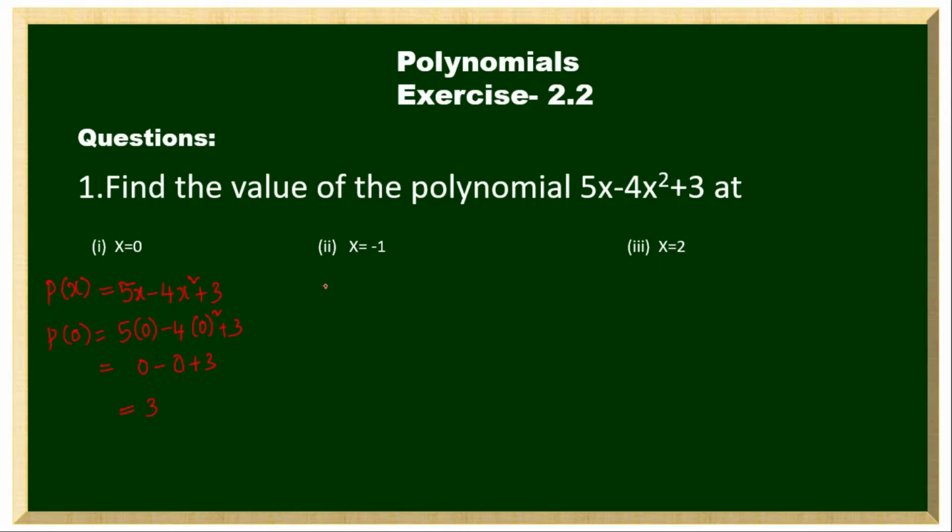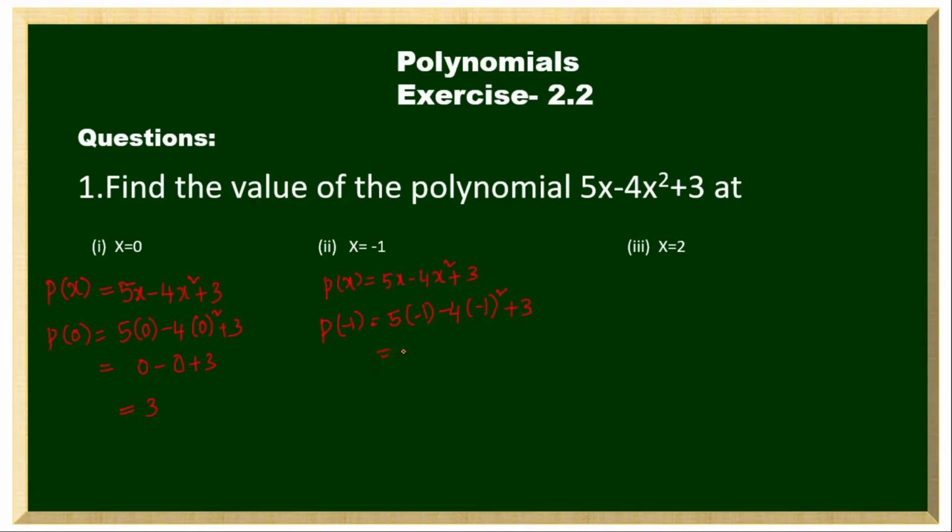Next, p of x, same polynomial, we have to find the value at x equal to minus 1. So 5x minus 4x square plus 3. Value of this polynomial at x equal to minus 1 means p of minus 1 equal to 5 into minus 1 minus 4 into minus 1 whole square plus 3.